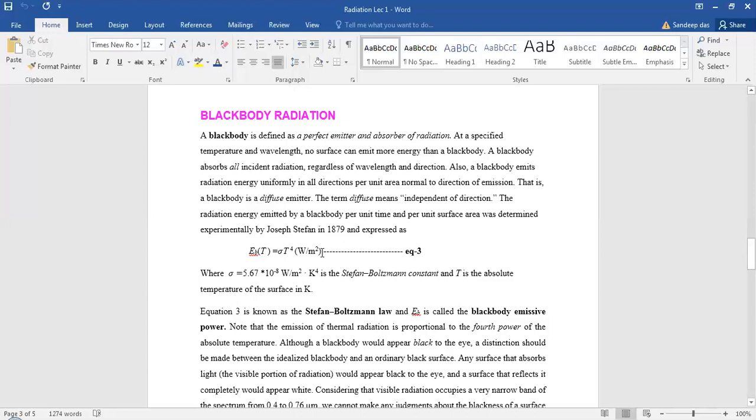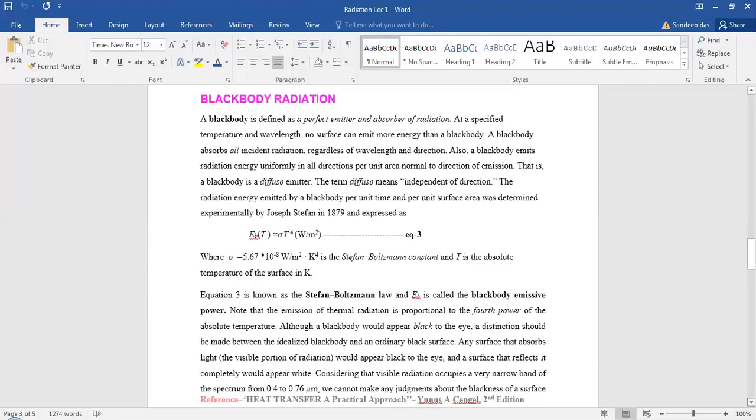Stefan Boltzmann's law, which we will see in later lectures, gives us the quantity of radiation that is being absorbed or emitted by a black body, which is nothing but sigma, that is Stefan Boltzmann constant, which has the value of 5.67 into 10 raised to minus 8 watt per meter square Kelvin to the power 4, multiplied by the absolute temperature T in Kelvin to the power 4. As we can see, there is no term of lambda involved in this equation.